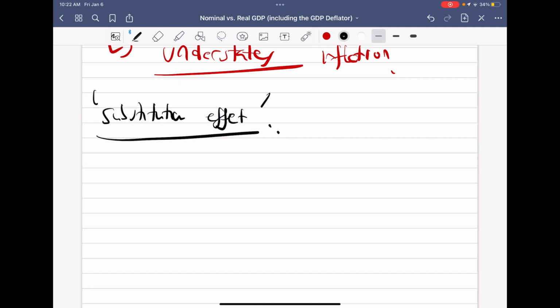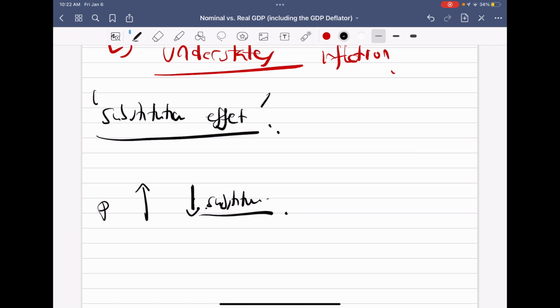But the thing is that the GDP deflator does not consider the substitution effect, because even though, let's say, prices go up, right? Prices go up, and people then start to substitute what they normally consume with something cheaper, because the price of what they initially consumed is high.